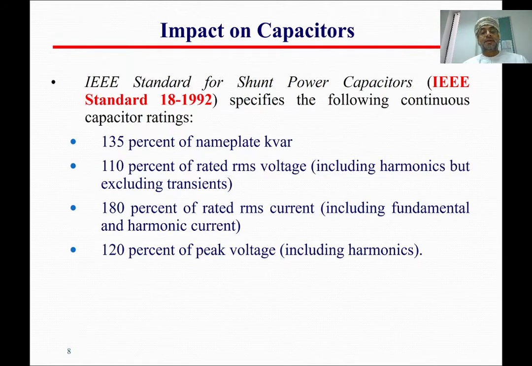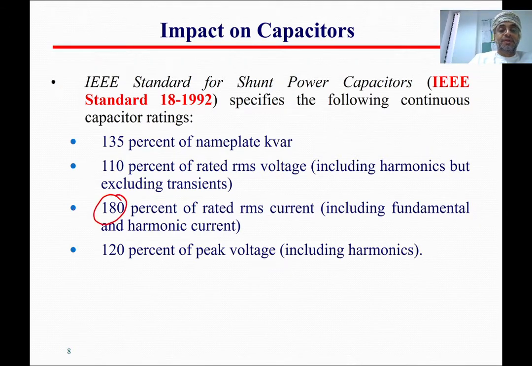There is IEEE standard 18 for shunt capacitors, and the specification based on that standard is that the capacitor should be able to handle 135% of the nameplate kilovolt-ampere, 110% of rated voltage including harmonic, 180% of rated root mean square current including fundamental and harmonic, and 120% of peak voltage.